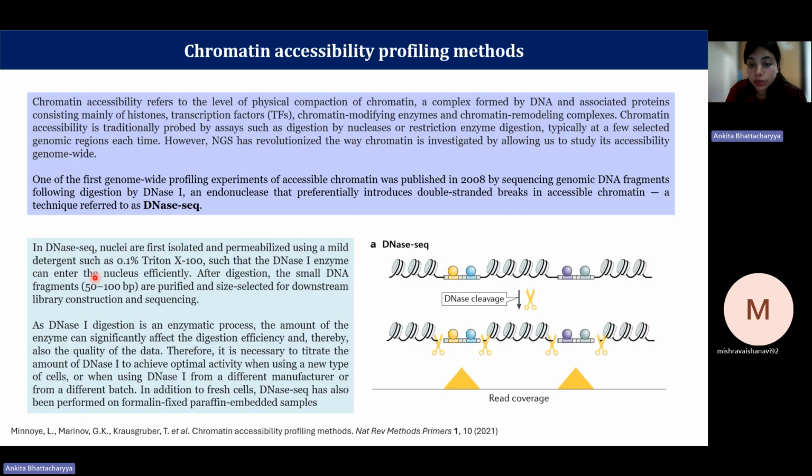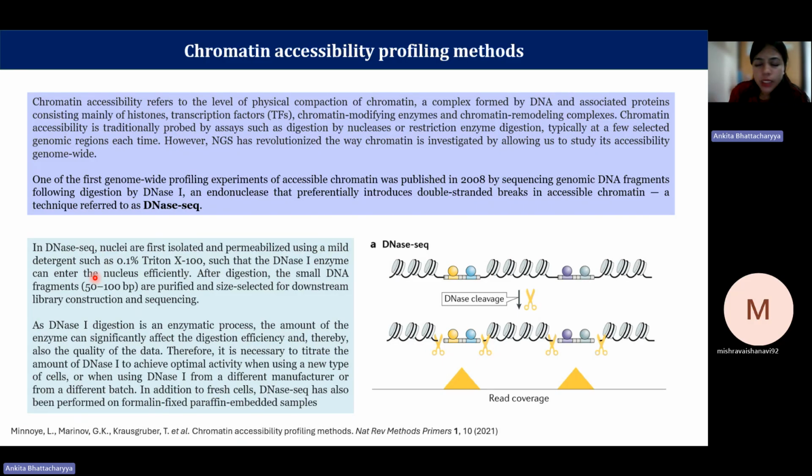This is another very crucial step we sometimes don't shed light on: accessibility to chromatin also has to be provided physically by disrupting not just the cell membrane barrier, but also the nuclear membrane barrier, because that is also not porous. It doesn't allow the entry of any random protein or enzyme inside the nucleus. So permeability sometimes needs to be induced, not only for experiments like this, but anytime you want to study anything in the nucleus.